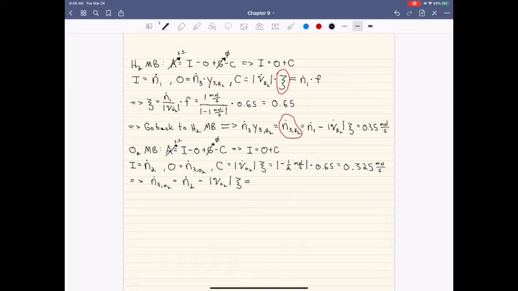Right? And if you plug in the values, what you should get at the end is 0.175 moles per second.